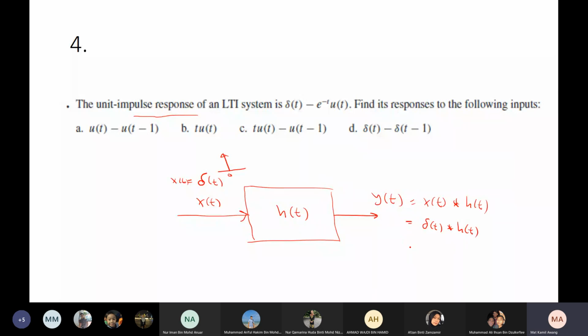So this is what happened. What is the convolution of this function?